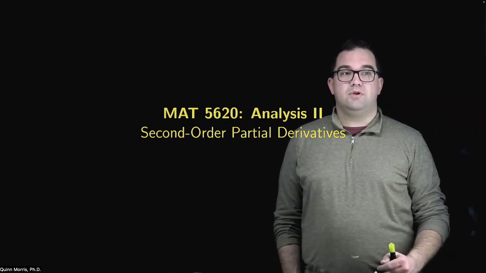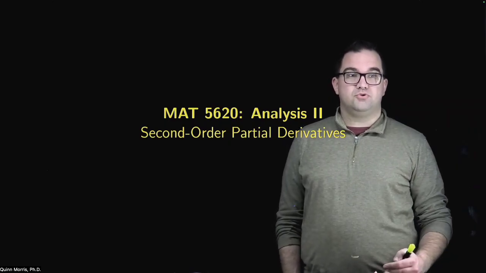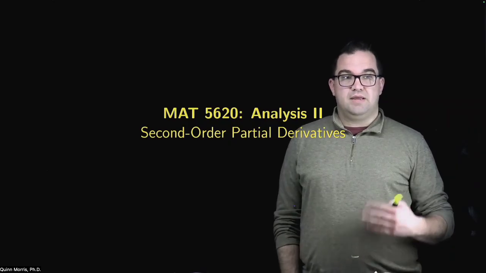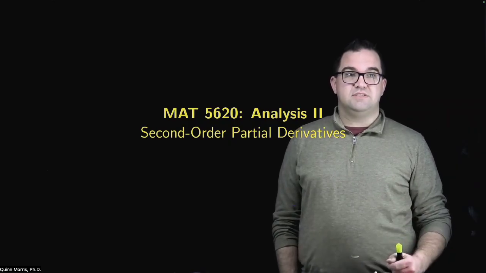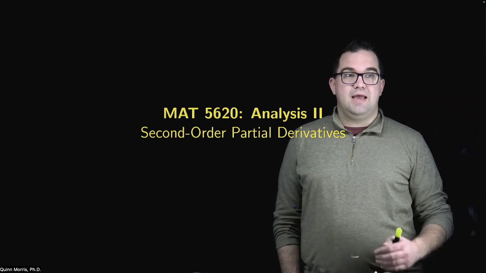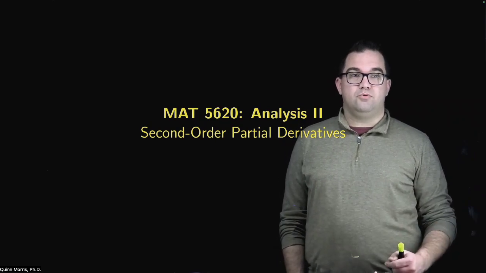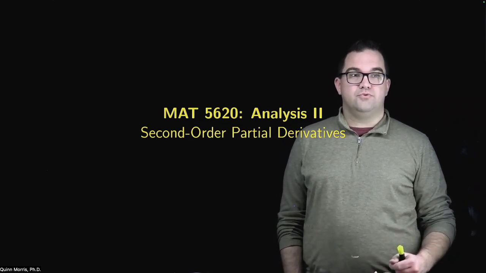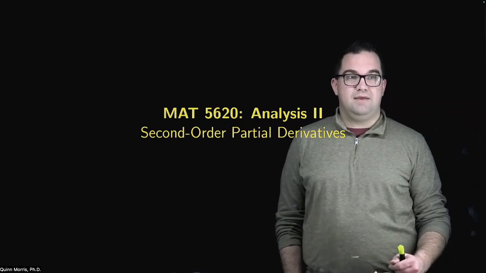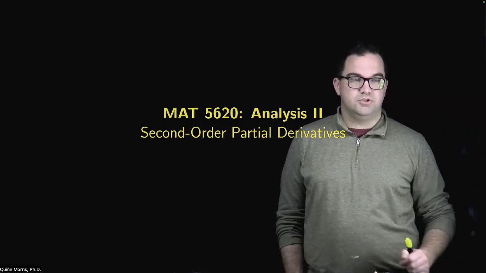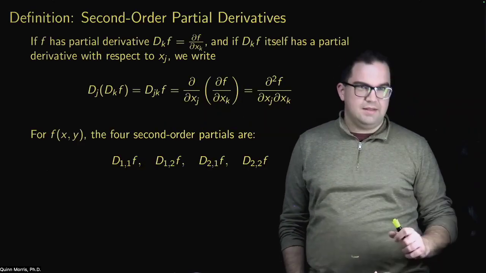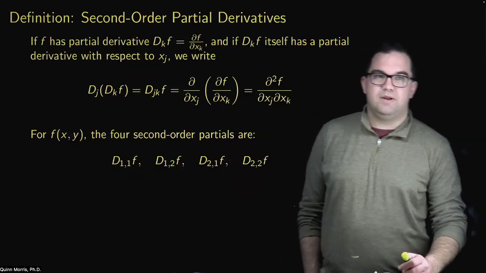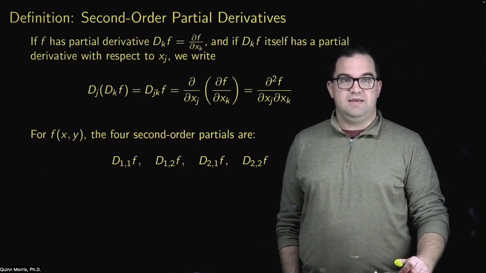In this video, we want to understand what a second-order partial derivative is, and begin to look at some of the properties of second-order partial derivatives. And in future videos, we will learn more about what second-order partial derivatives can tell us about the behavior of a multivariable function. So to begin, we first want to define what a second-order partial derivative is.